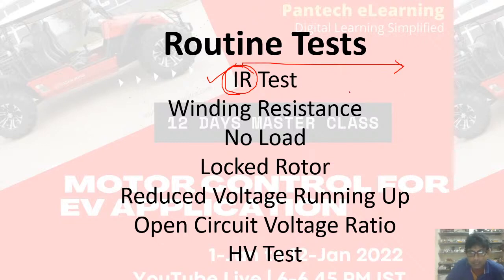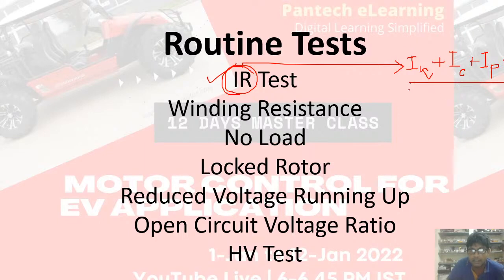So the total current flowing through the insulation is the sum of four components. One is conductive current, another is called displacement current, another is called polarization current, and another is called surface leakage current.